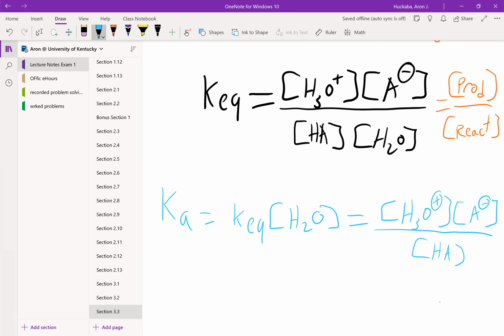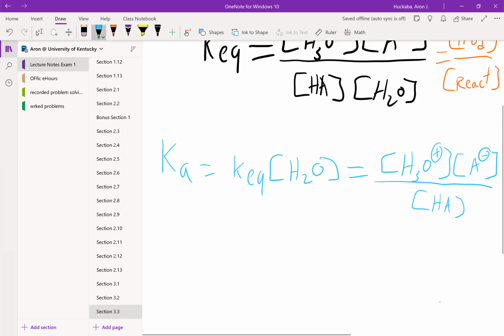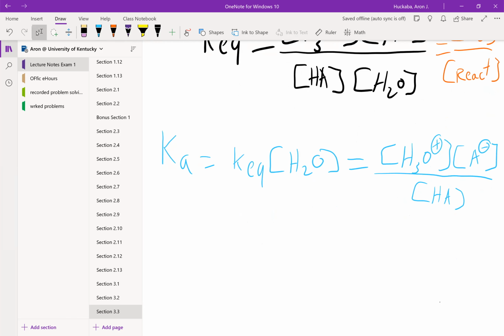Okay, so at least this gives us a new equation to think about here, and Ka is usually pretty small. It's usually so small that it's difficult to really describe in normal numbers. This would be very many decimal points, especially for weak acids, like we're going to deal with in this class.